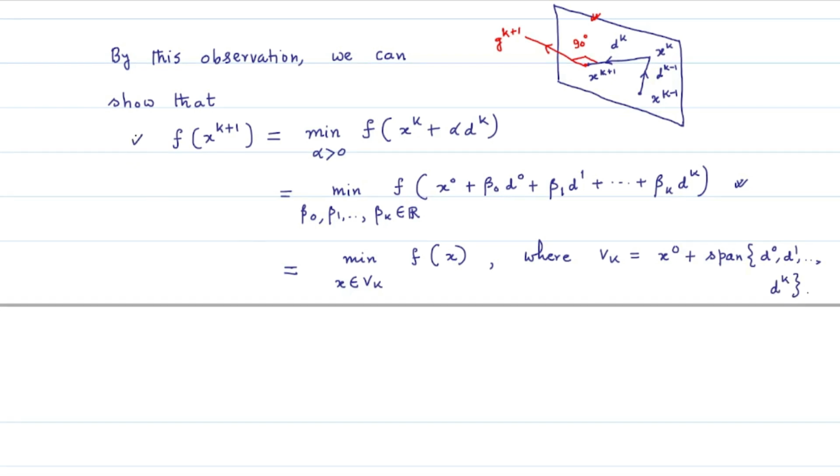Due to this, f(xk+1) is equal to this minimization of f over the vector space Vk. We see that as k increases, this vector space Vk gets expanded and eventually fills the whole Rn when k is equal to n-1.